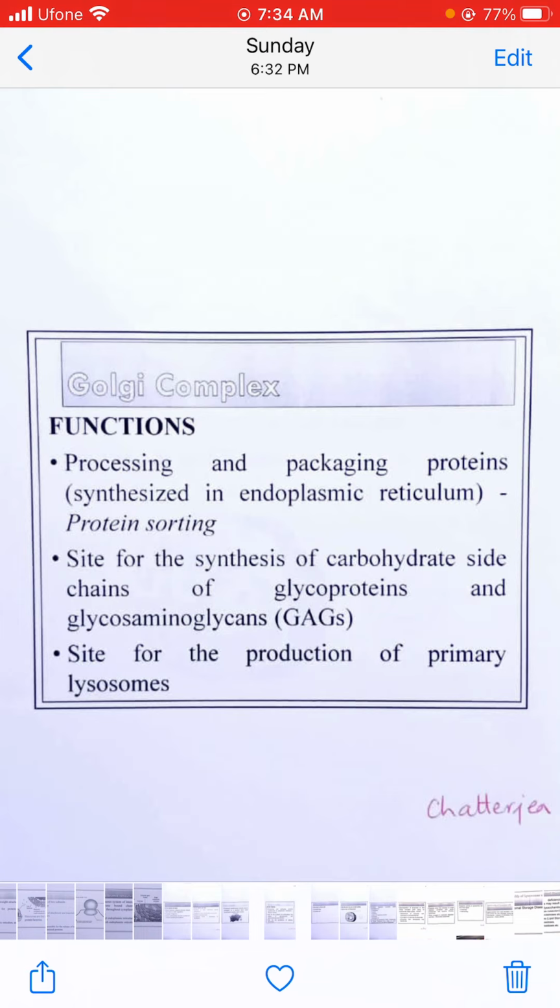What you people have to do is memorize the structure, the functions, and the associated functions of the organelles. The proper definition, the structure, and the functions associated with these organelles.